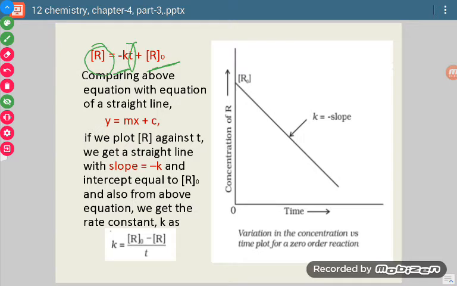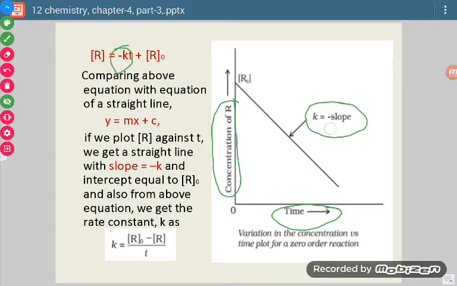Here we have plotted this. This is concentration of R and this is time. Now we are getting a straight line and minus k is the slope. Slope value will be determined from the graph, so we can determine the value of k graphically.